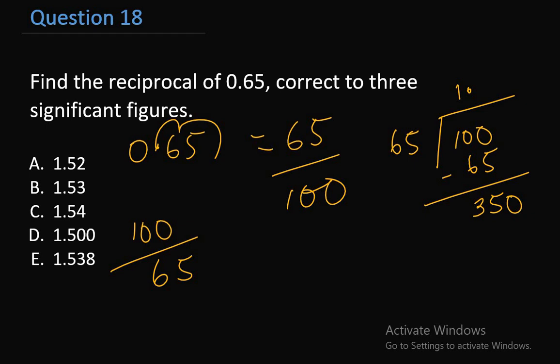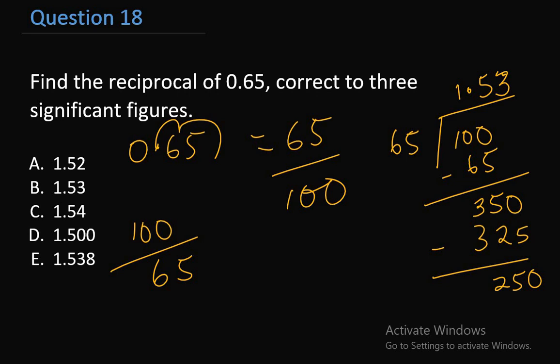You give us 5. 350 divided by 65 is 5. 65 times 5 is 325. Now if you subtract this, we have 25. 65 can't go, so you add 0. So 250 divided by 65. Okay, that will give us about 3.